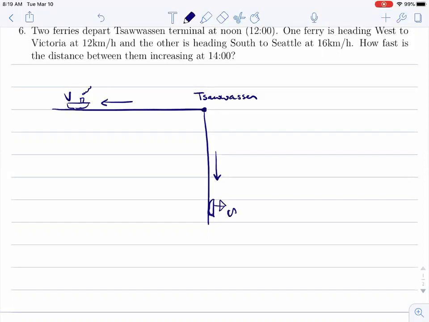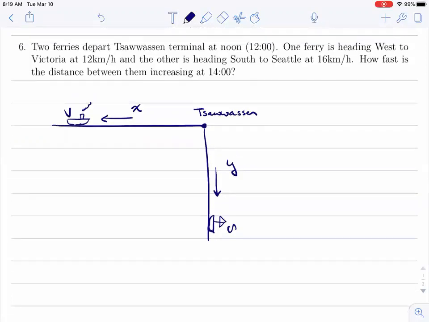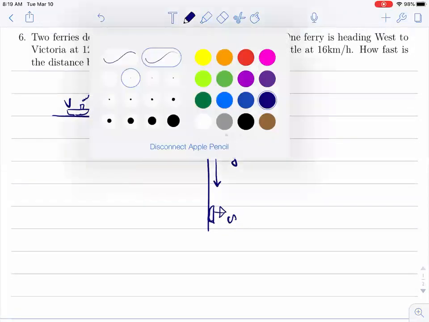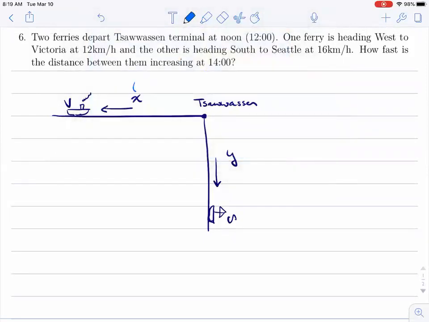If we use just our XY coordinates, despite moving in the negative direction of X, if we call this our X and this our Y, just for simplicity's sake, despite moving in the negative direction, X is actually increasing. The distance between Tsawwassen and the Victoria ferry is increasing for the duration of the ferry ride. So I want to make a note to myself that X is increasing.